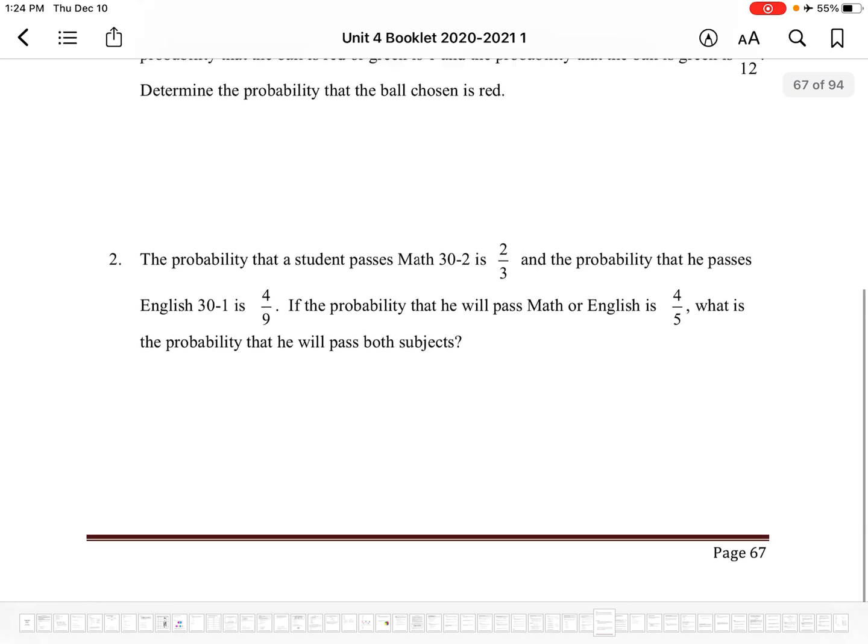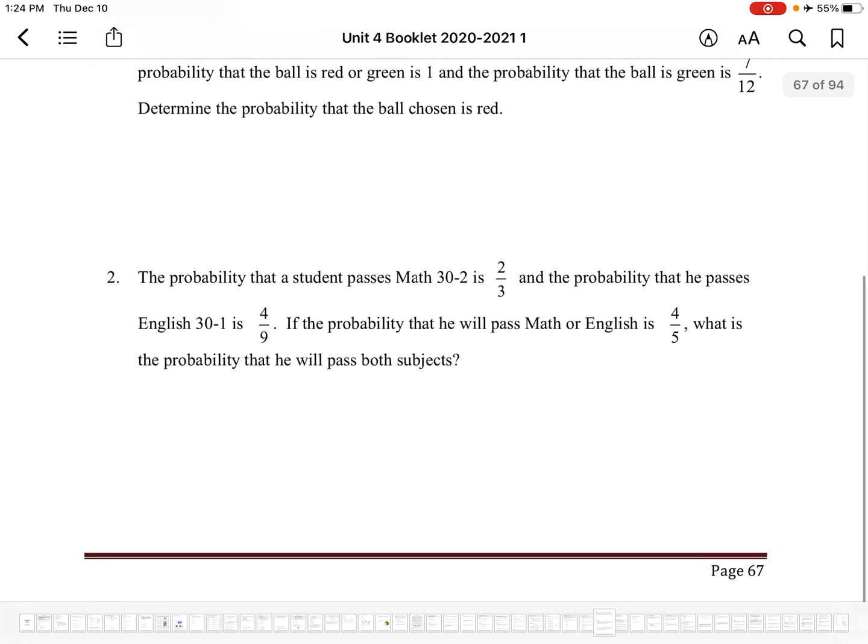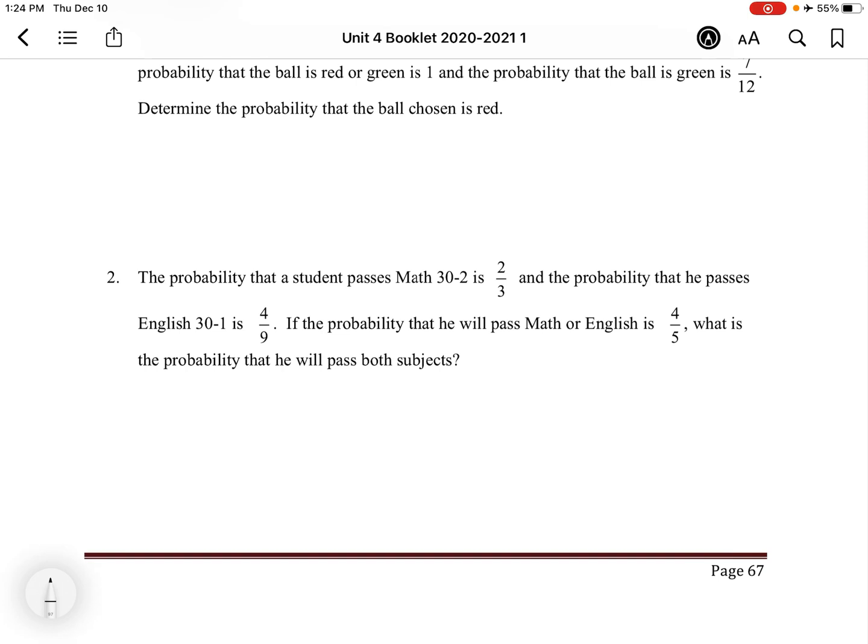So, the probability that a student passes Math 30-2 is 2/3. So I'm going to write that out off to the side. Let's just say the probability of passing math is 2/3.